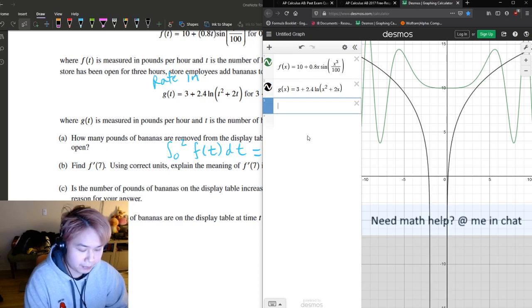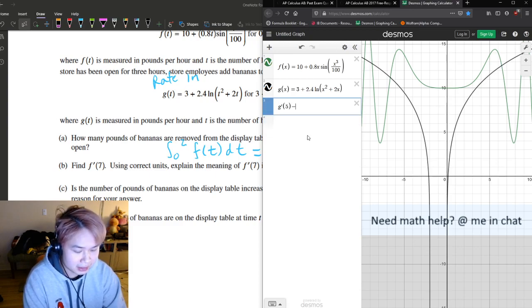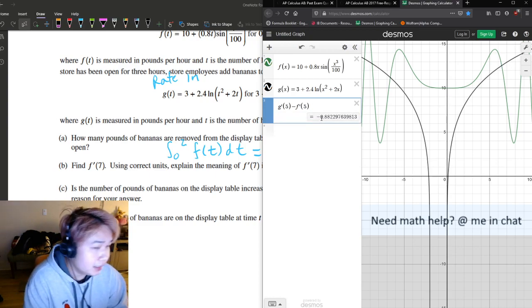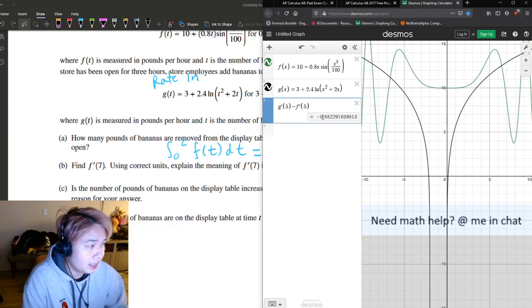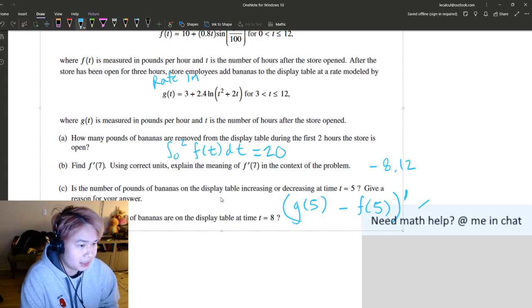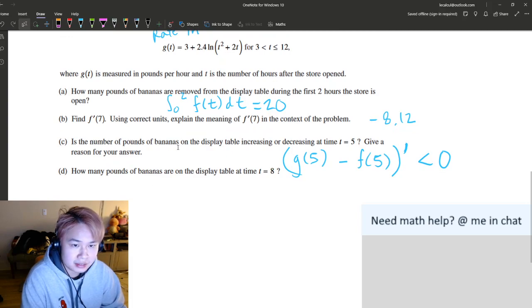Okay. And then I take g prime at 5, and then I subtract f prime at 5. And I get negative 0.88. So because this is negative, then it's the amount of bananas.